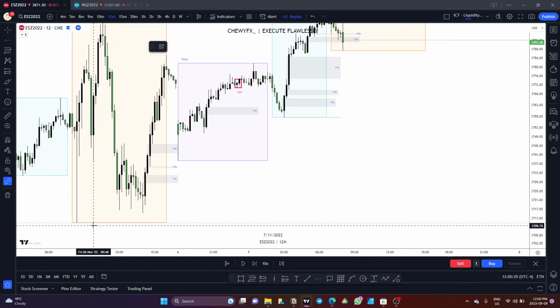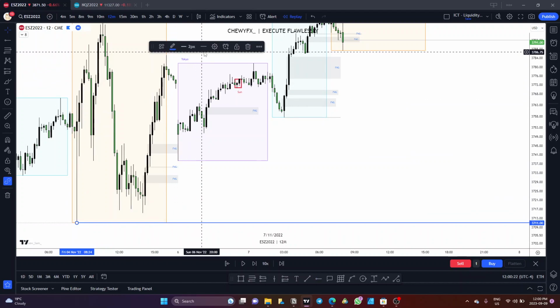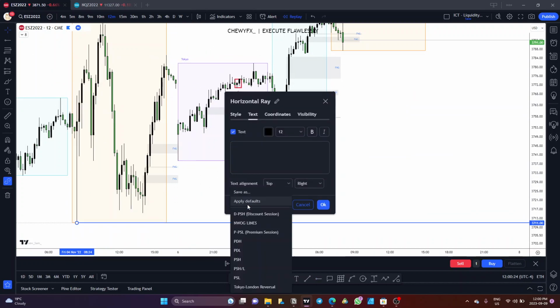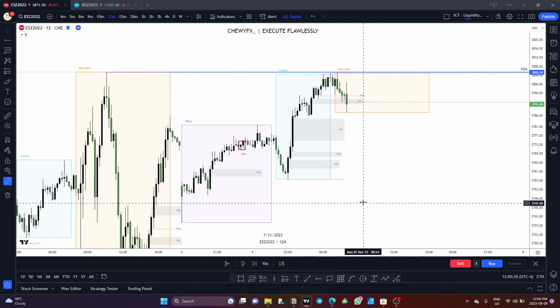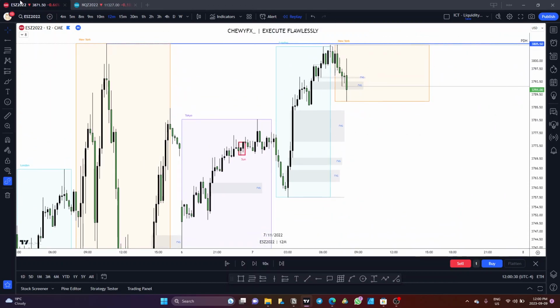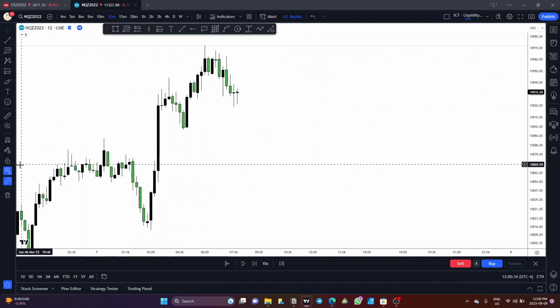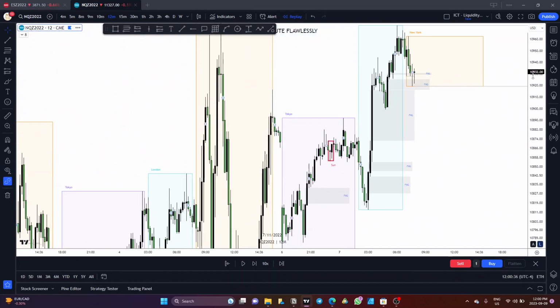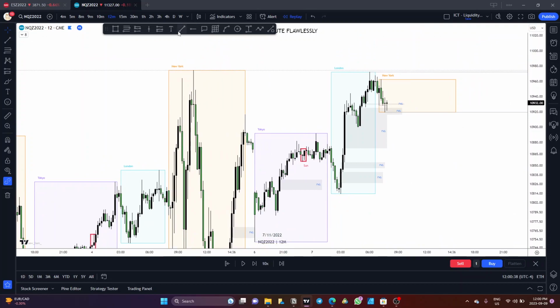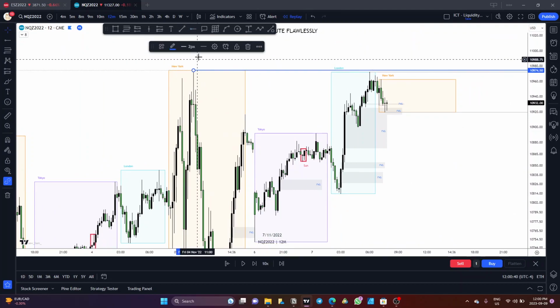Okay. But so far right now it looks like we are going to be taking out the Friday high, so that is what we are going to be looking for the morning on ES. Let's take a look here at NASDAQ. Yep, relatively the same thing.